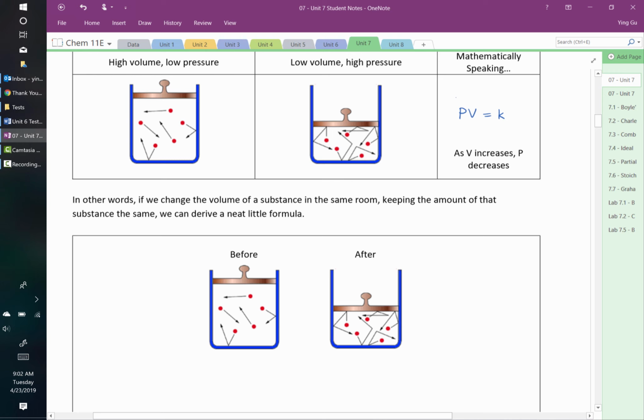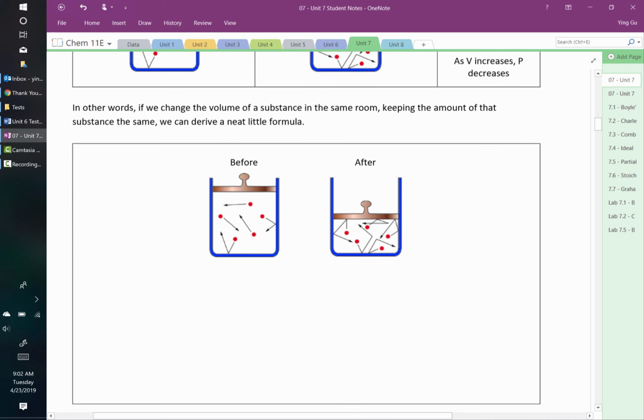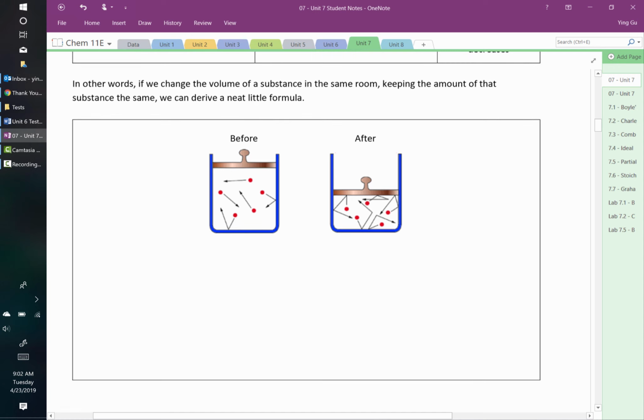So imagine you had a container full of gas and you knew its volume and its pressure. Well, if you were to compress that container down, or if you were to allow the gas to have more space to expand into, you would be able to calculate the new pressure and the new volume of that system. And it's quite simple mathematically.